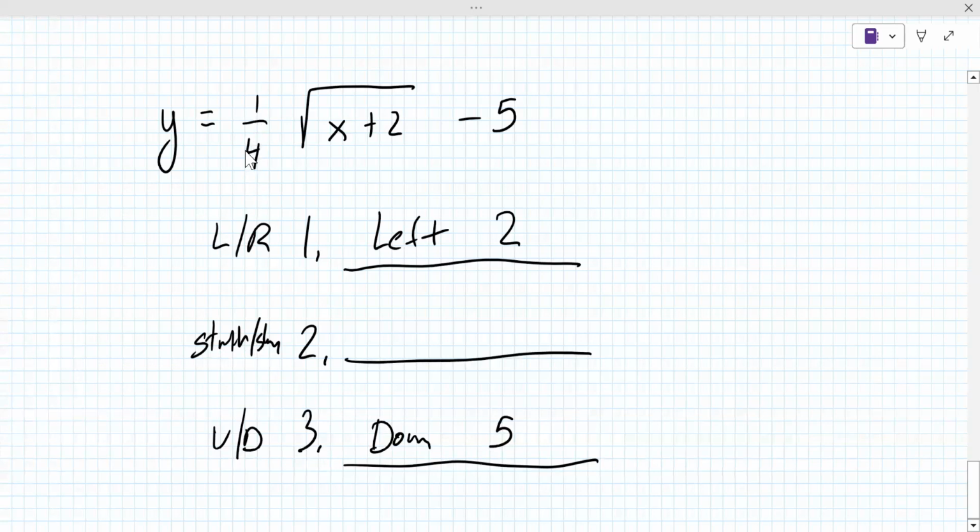Is this number less than 1? Yes. Okay, so is that a stretch or a shrink from your notes? It's a shrink, 1/4. Okay, get this example down in your notes. We're going to do another one like it.